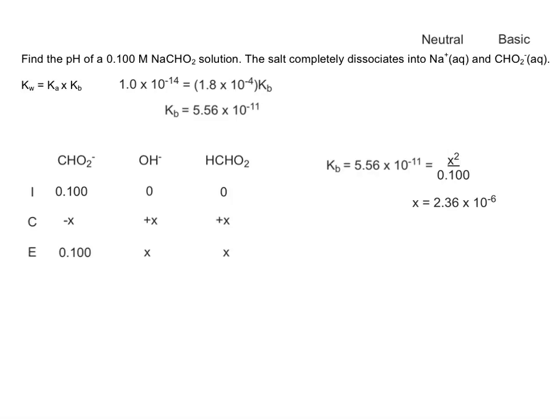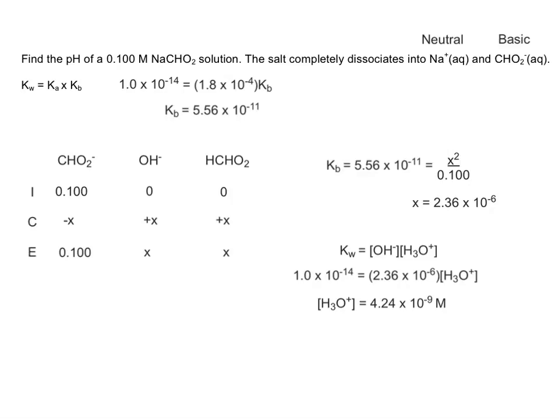If you remember, Kw is also equal to the concentration of OH- times the concentration of H3O+. So we can find the concentration of H3O+ by plugging in our 2.36 times 10 to the minus 6th for the OH- concentration. If we divide on both sides, we get H3O+ is equal to 4.24 times 10 to the minus 9th molar.